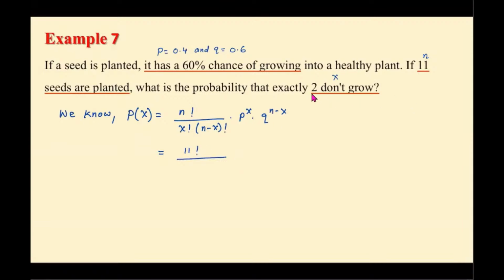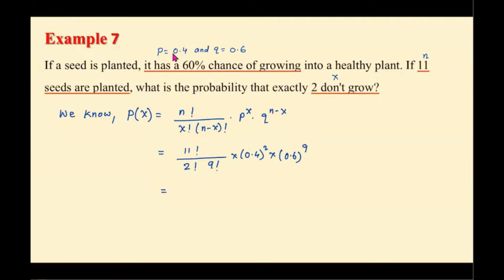X is 2, so 2 factorial. And then N minus X, 11 minus 2, which is 9 factorial, times P is 0.4 raised to X is 2, times Q is 0.6 raised to N minus X, which is 9.